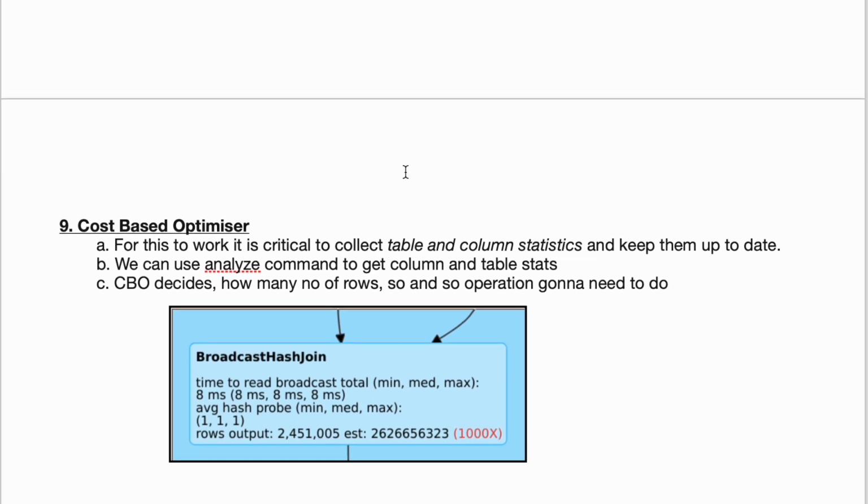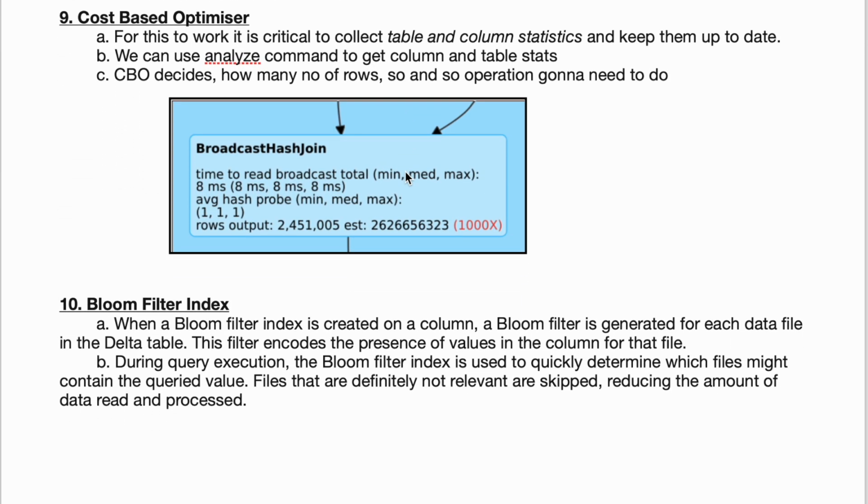And the next one is called the cost based optimizer. With this cost based optimizer, if you see the picture here, it shows the estimated rows output, I mean the 1000x. Here it estimated that we have to read so many rows, but the actual rows we read are a lesser number.